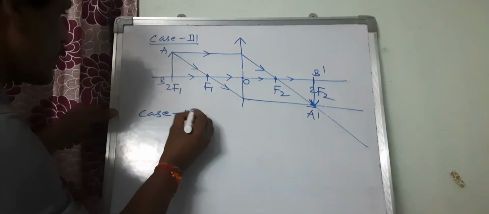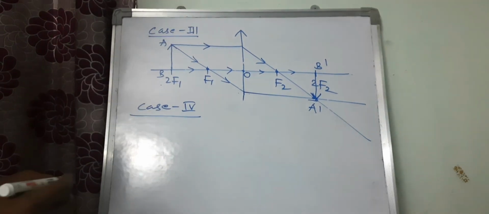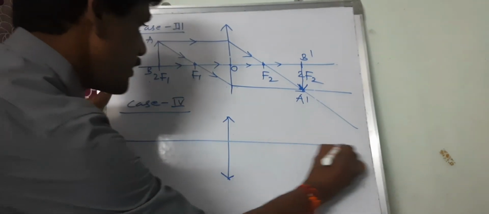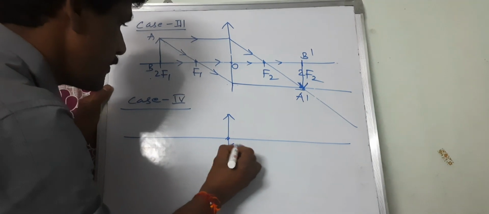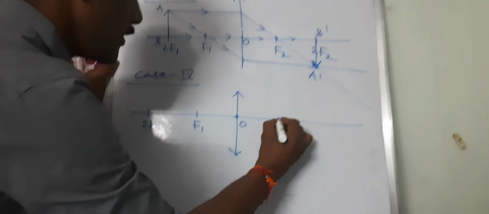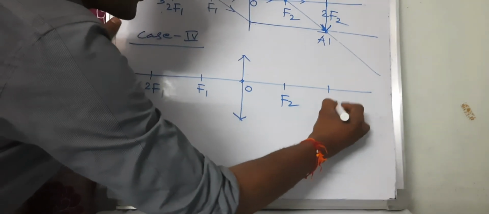Case 4, that is, the object placed between f1 and 2f1. This is the optical center, f1 to f1, here f2 to f2.